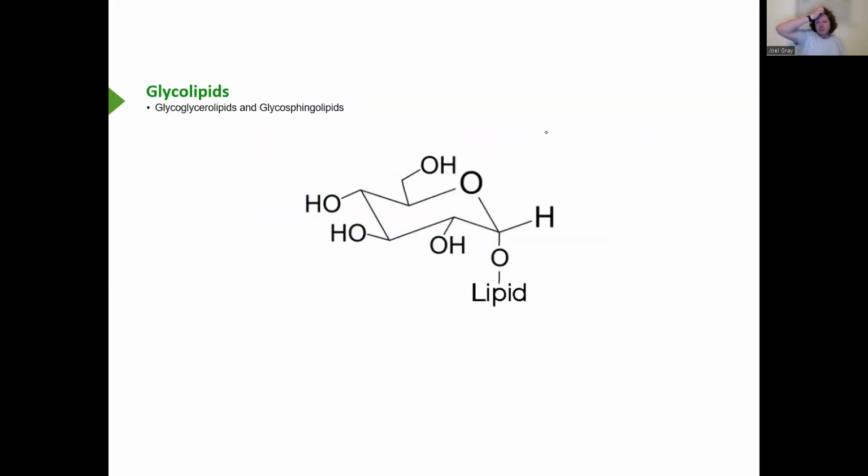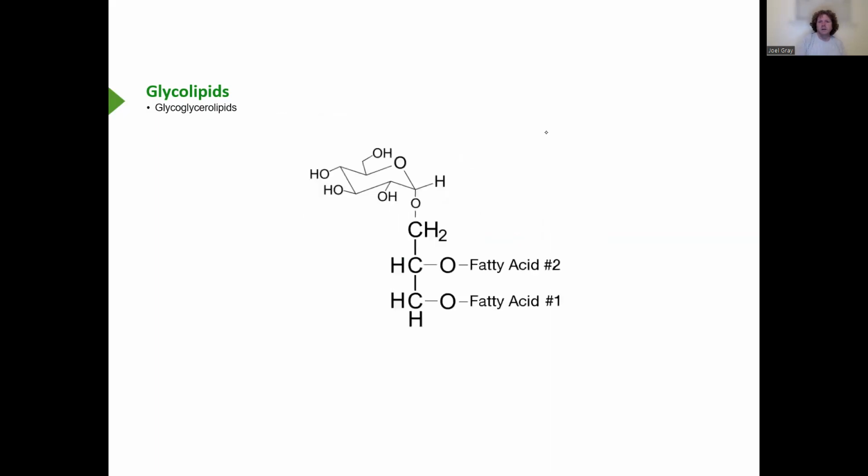Now, glycolipids are another derivative of a sugar, of a monosaccharide, but what they have on them is a lipid. So here's your backbone for a lipid, but then you put a fatty acid here and a fatty acid there.